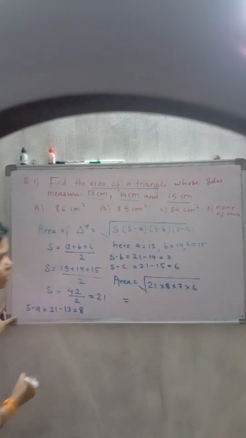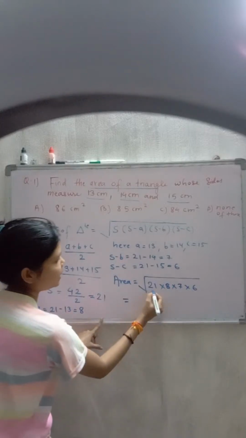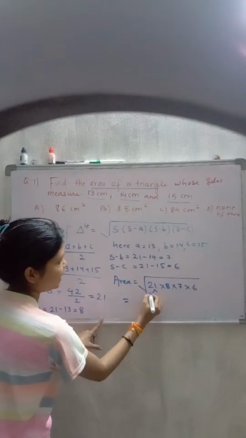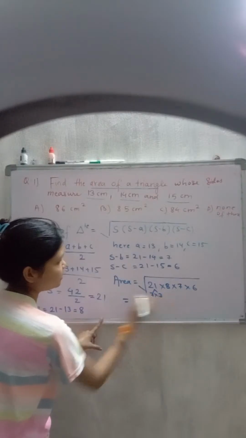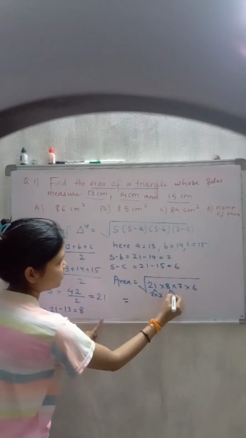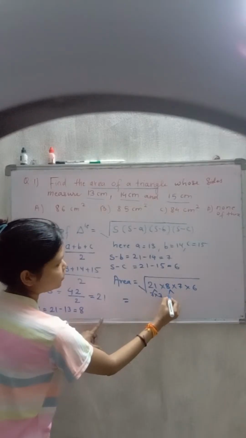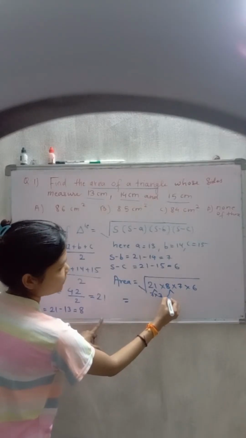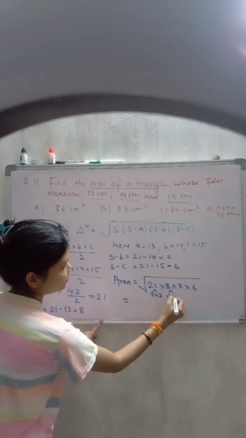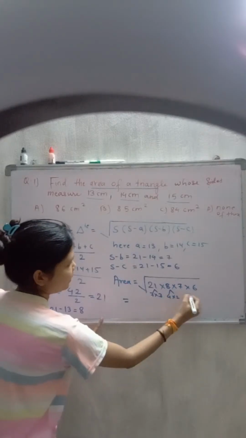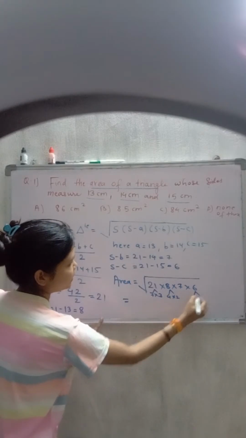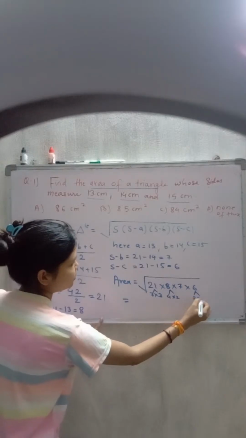Take the square root common. So here we can write this 21 as 7 times 3, 8 as 4 times 2, 7 as it is, and 6 as 2 times 3.